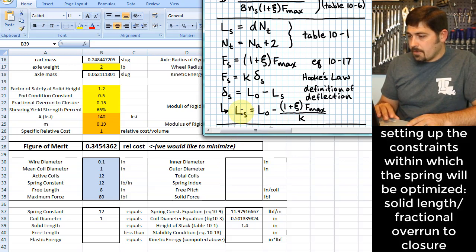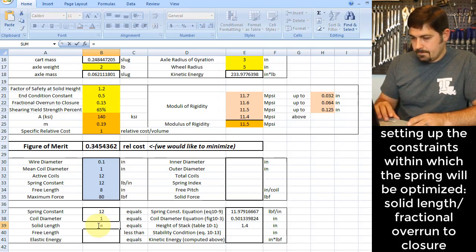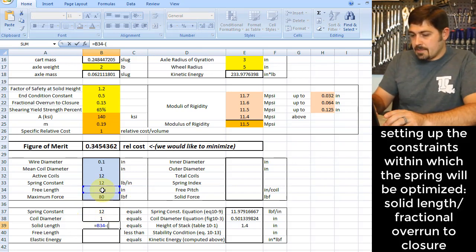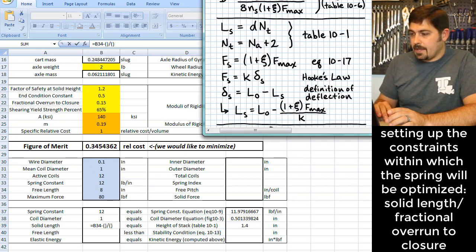Okay, so basically equals the free length, which is right here, minus, and again this is just going to be a fraction, and in the first part of that fraction we are going to have 1 plus your fractional overrun to closure.